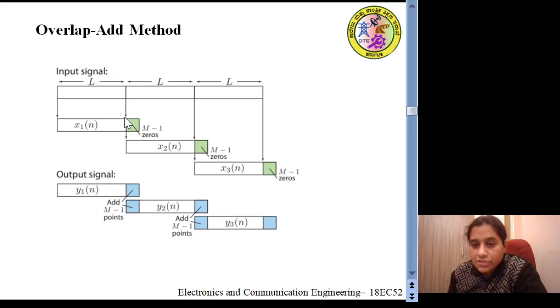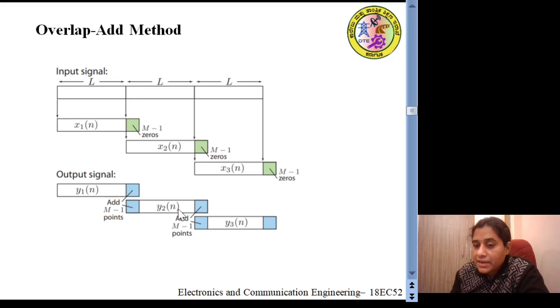But because of the appended zeros at each input block, what we do is keep the first samples as they are, and the last M minus 1 samples of the previous output block are overlapped with the first M minus 1 samples of the next output block.